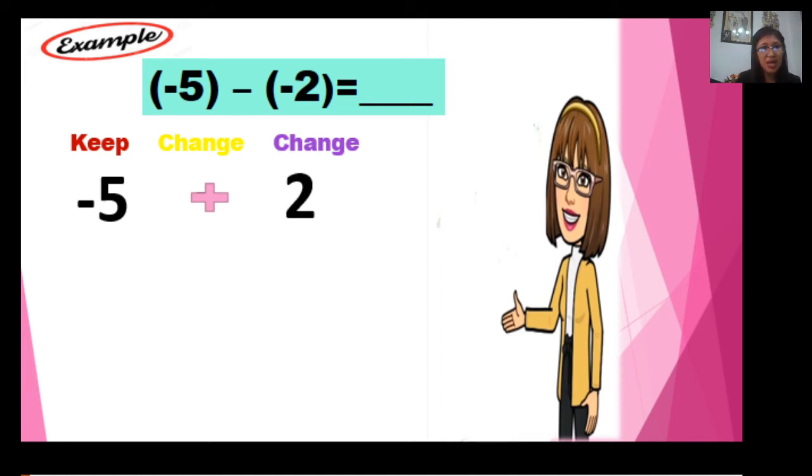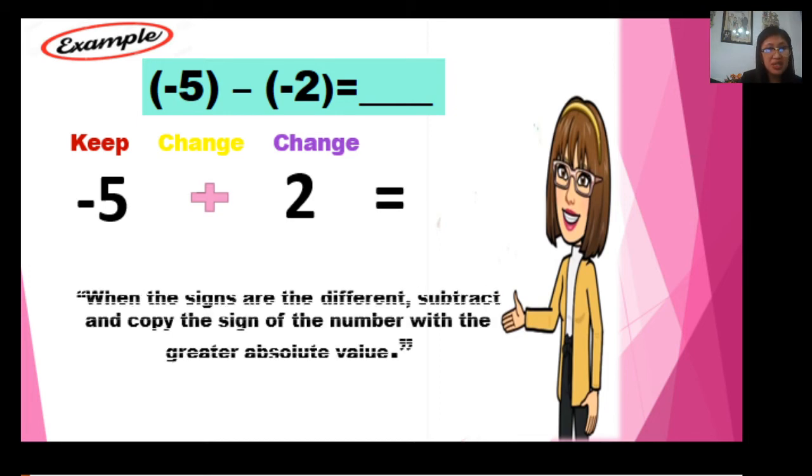Then proceed to addition. They have different signs, so subtract and copy the sign with the greater absolute value. 5 minus 2, it is 3. It's negative because negative 5 is the integer with the greater absolute value. Its sign is negative, so our final answer is negative 3.